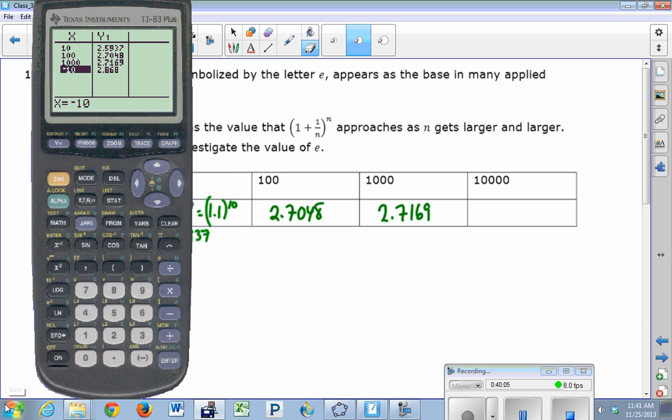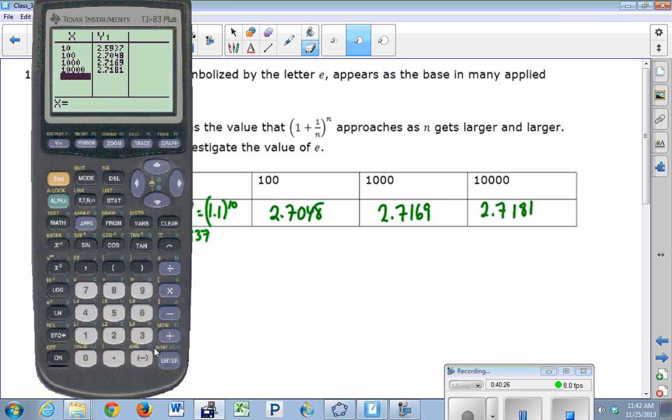How about 10,000? Ooh, not much bigger. Only way out in, what, about the 12th? Right? 12 in what place? Not the tenths, not the hundredths. Do you know your decimals? I'll let you figure that out then.